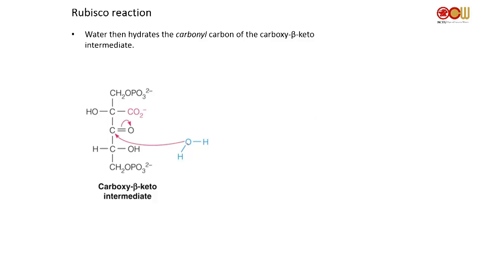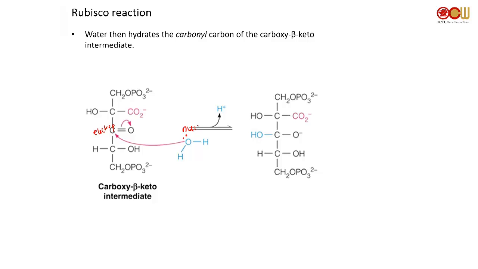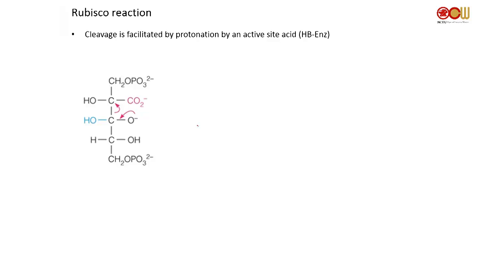You have water that has lone pairs, which will attack the carbonyl center, because this is the electrophile and this is the nucleophile. So you have a nucleophilic attack at the carbonyl center, and then you generate this intermediate, okay? And then you can have a collapse back down of this charge.